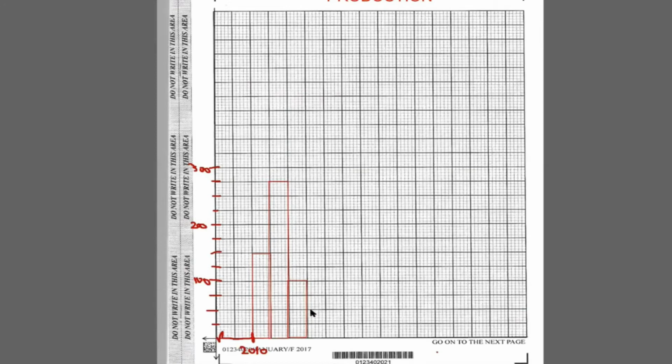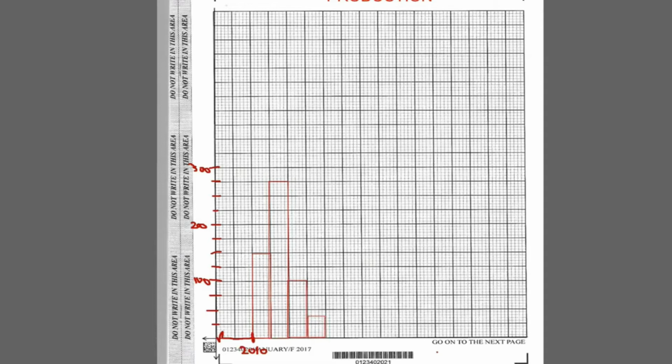So if this is 50 and this is 25, it's going up by 5. So this is 30, 35, 40. So 40 is going to be right here. So an awful year was 2013.